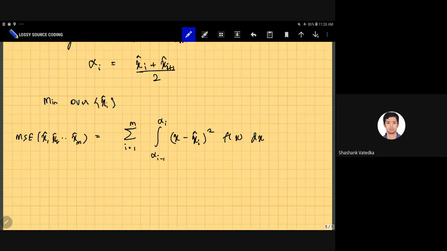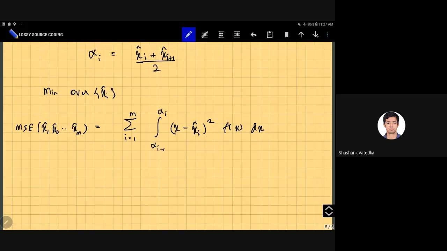What can you say about this as a function of the xi hats? Is it convex, is it concave, or is it neither? It is convex, yes. It's in the form x minus x hat squared, so it's quadratic in xi hat, and quadratic functions, as we know, are convex.